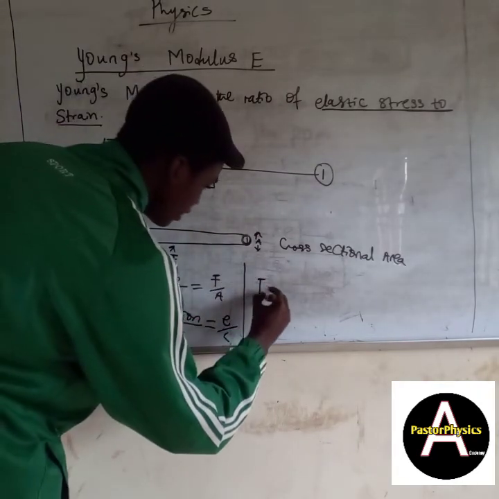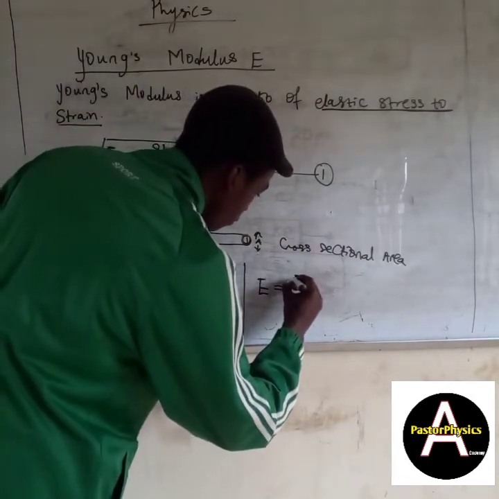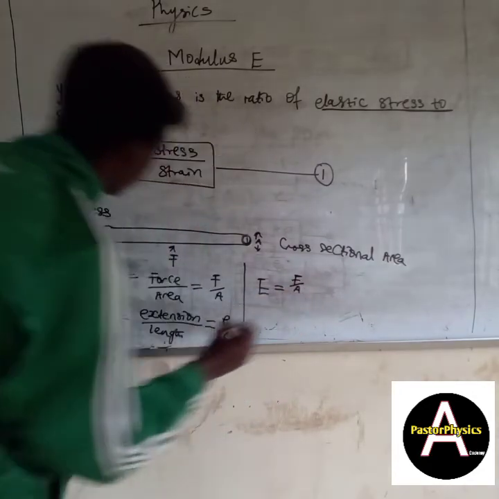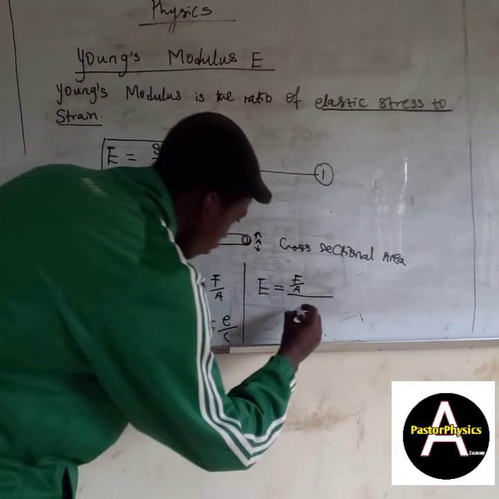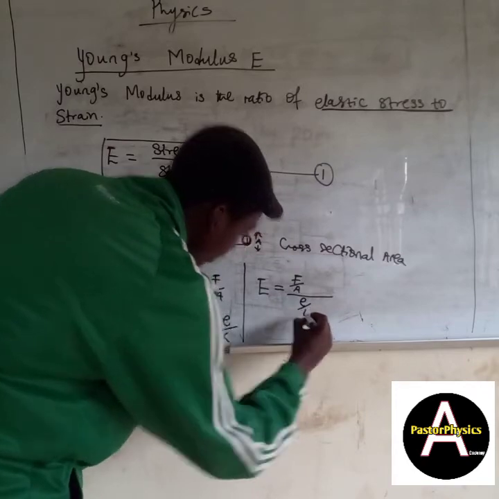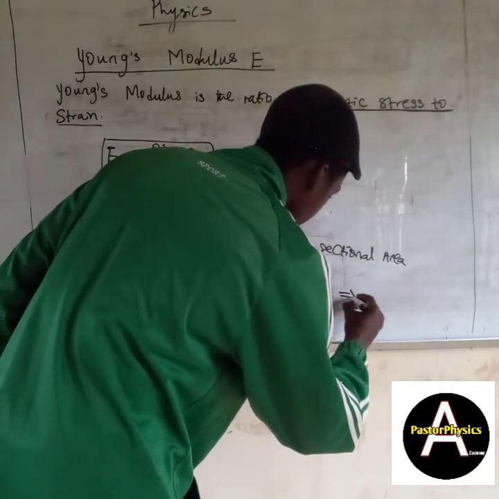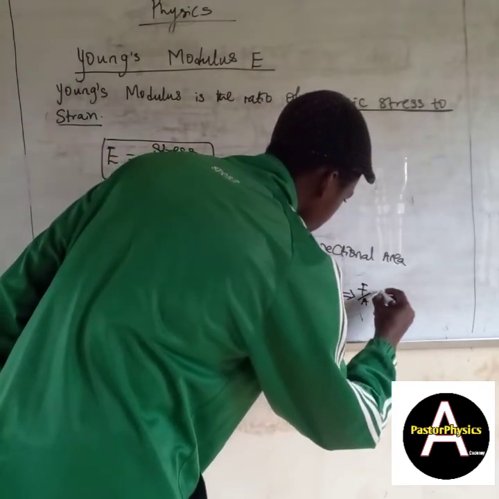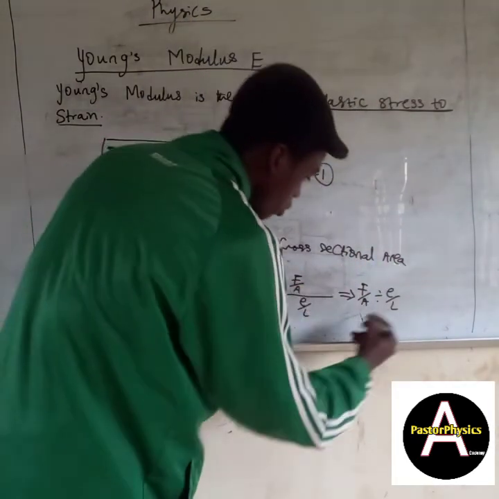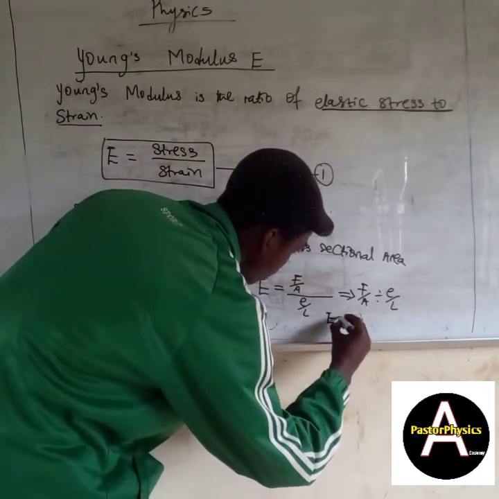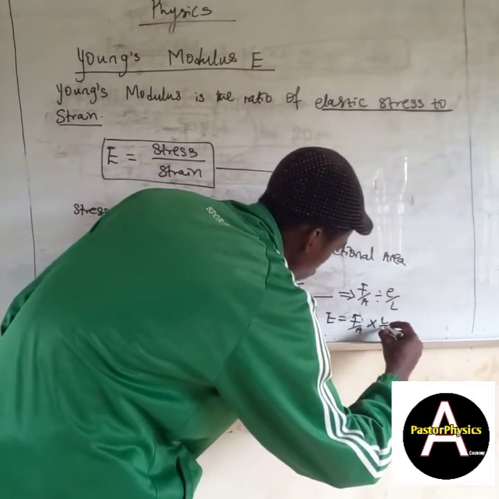It therefore means that E is equal to stress, which is F over A, all over extension per unit length, e over L. This looks like a fraction. Let us simplify it. This becomes F over A divided by e over L. Now, if we turn it upside down to change it to multiplication, E is equal to F over A times L over e.